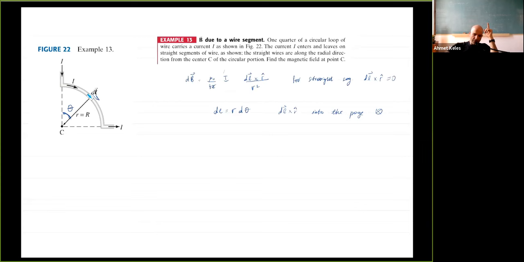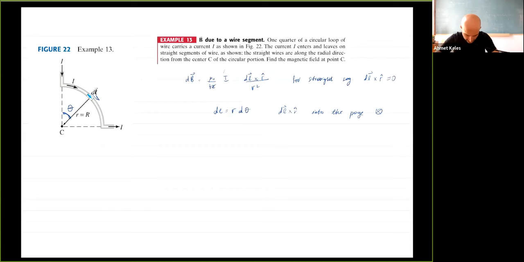Start with your fingers along dl, and then curve your fingers along dr. In this case, dr is along here. The vector from this to this point is along here. So if you imagine your fingers starting like this and going like this and sticking out your thumb, your thumb is going to be into the page.